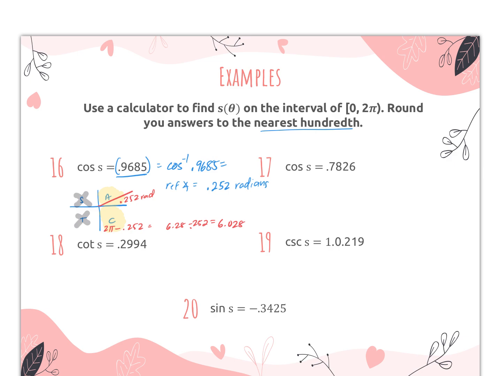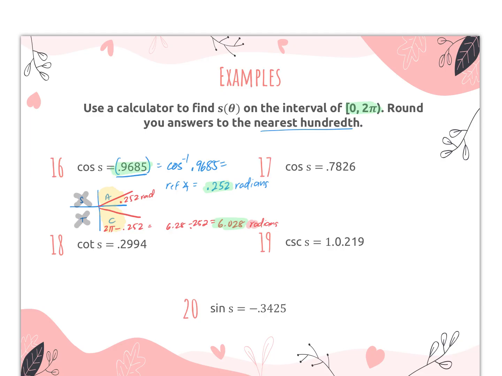And I know that that's my second angle. So I have two answers to this problem. There are two angles in this interval which have this cosine, and those two angles are 0.252 radians and 6.028 radians. Those are my two solutions. One is in quadrant 1, and one is in quadrant 4.